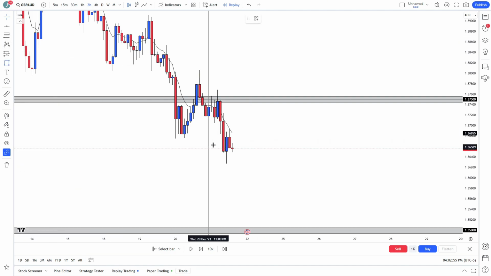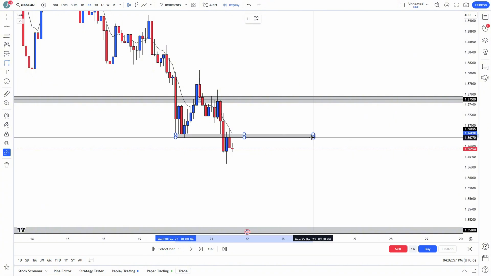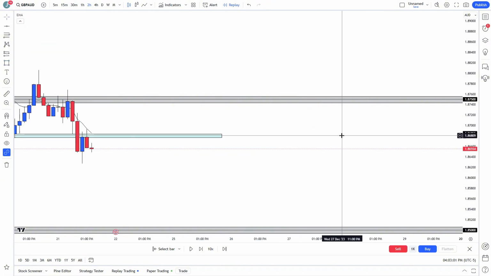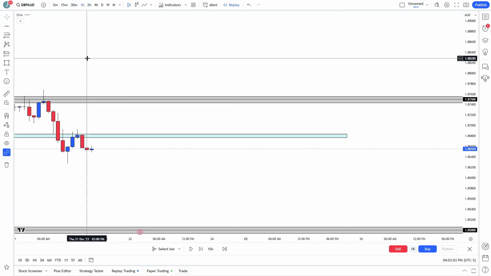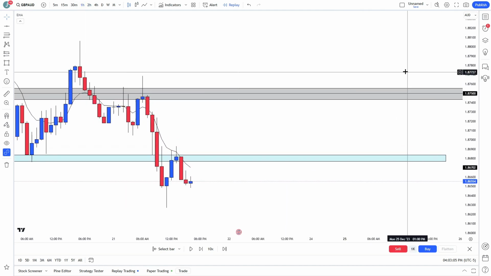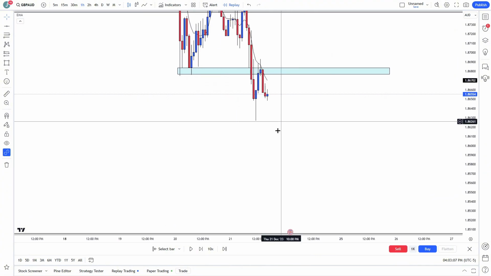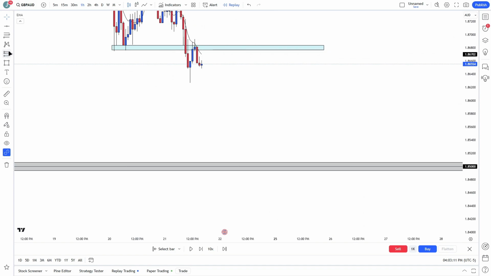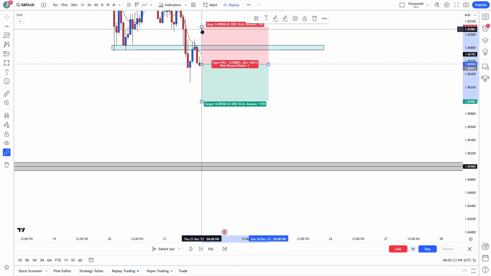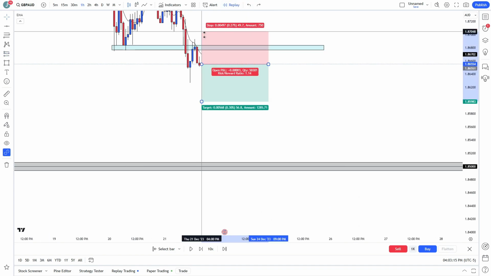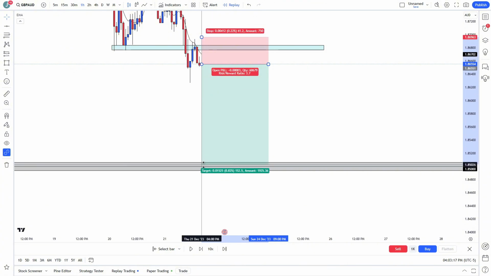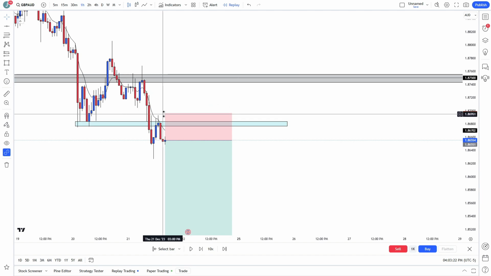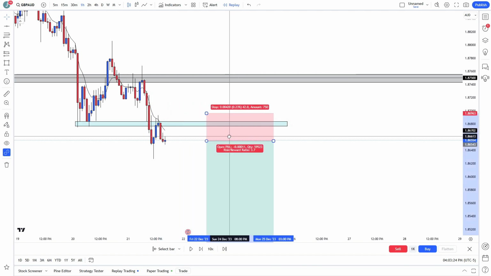Price came here, created a lower high, bounce off of this area, so not gonna enter here. This reward would be pretty, man, actually it wouldn't be too bad, but this is more of a scale in. I want to see the next.